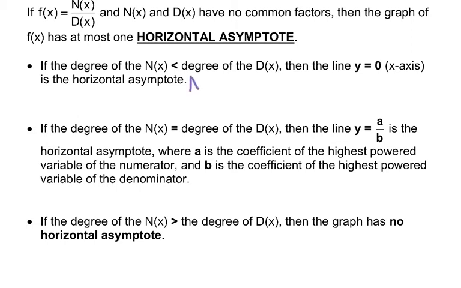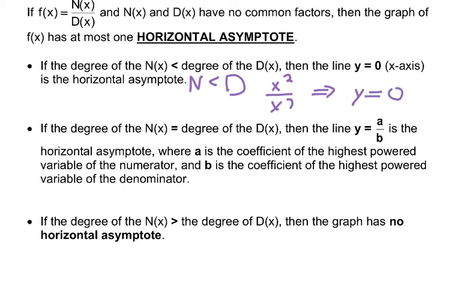So the exponent on our numerator is less than the exponent on our denominator. So this would be something like x squared over x to the 7th, because the degree on the top is smaller than the degree on the bottom. So anytime this happens, your horizontal asymptote is always y equals 0.